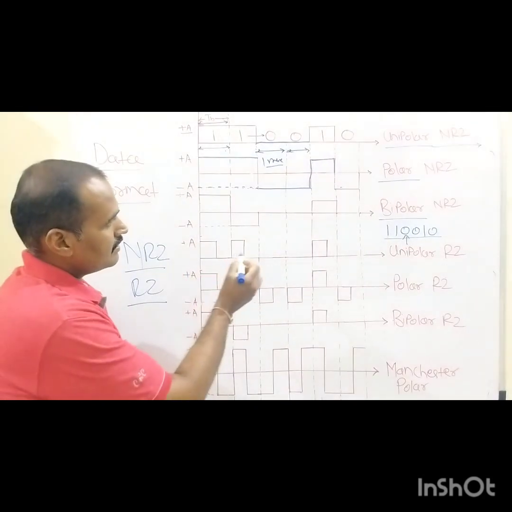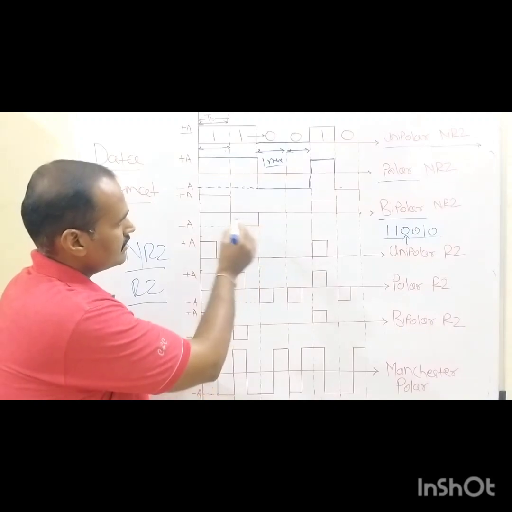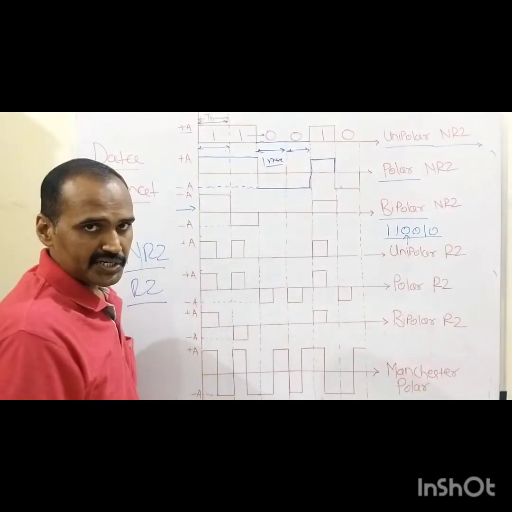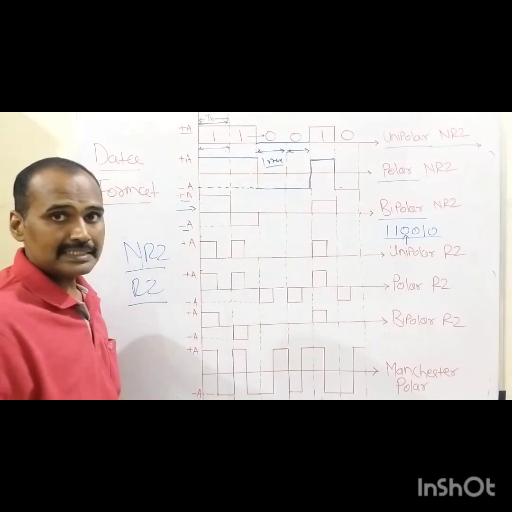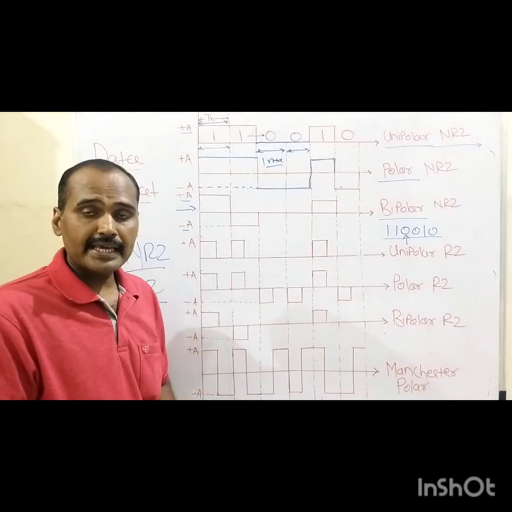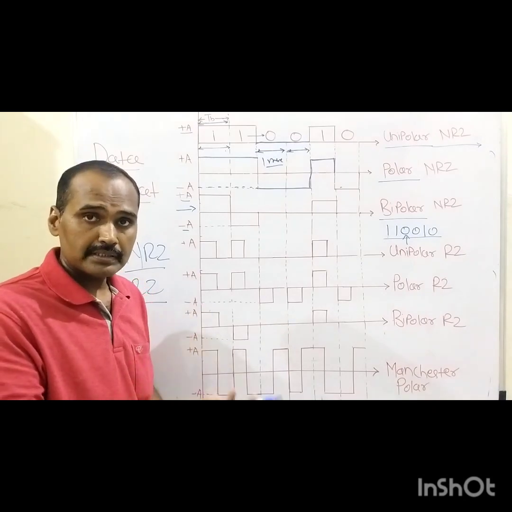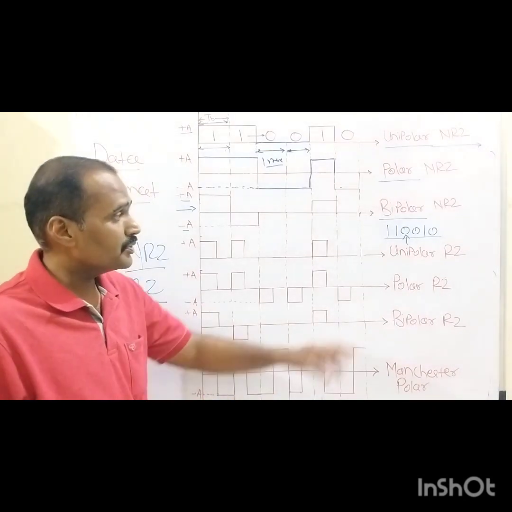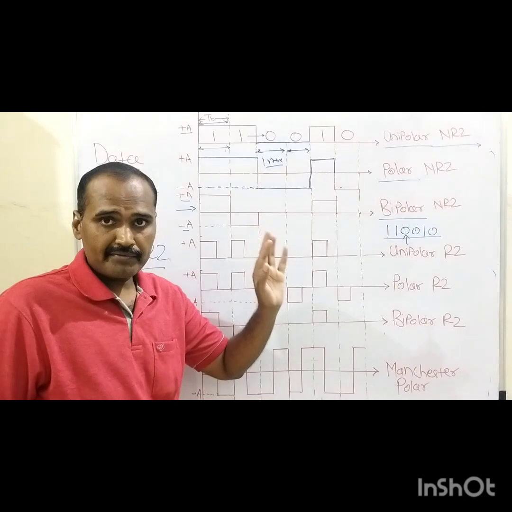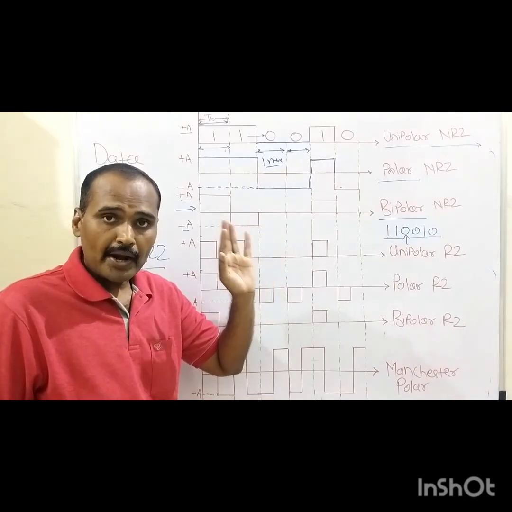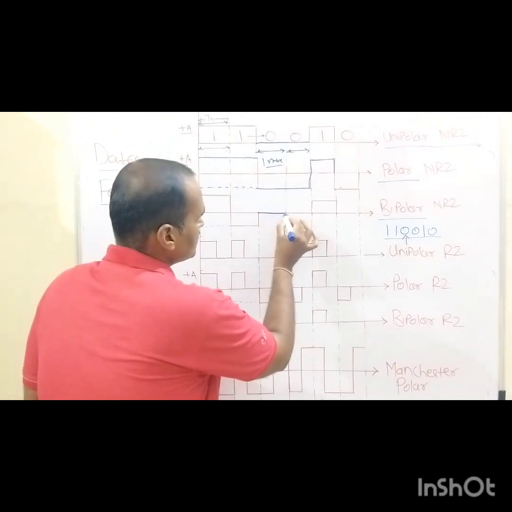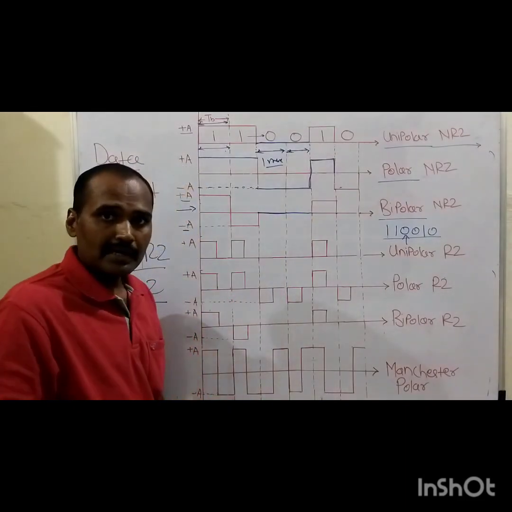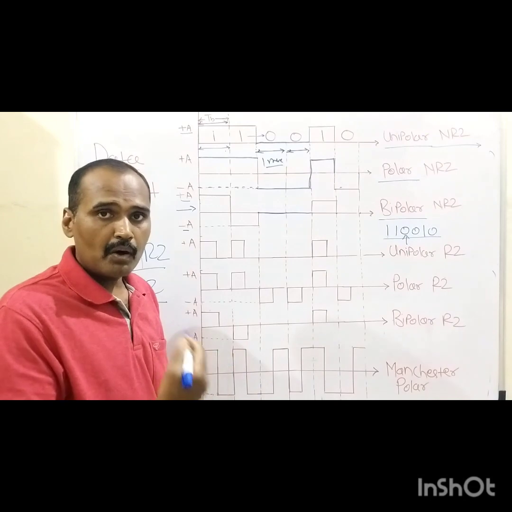So this is the third representation, in which we have plus A volt and minus A volt. These two different voltages are used alternately to represent binary 1. They are not adopted for binary 0. For binary 0, the 0 volt is assigned.